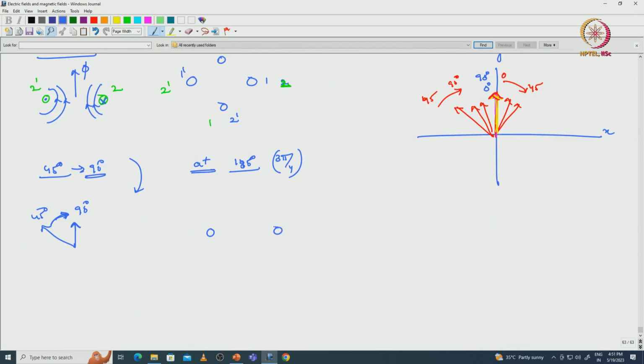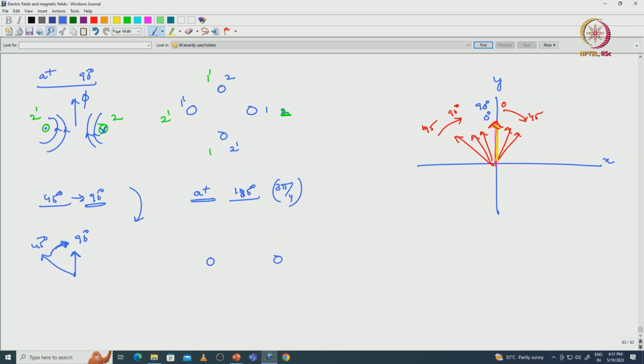Already we have discussed this many times and again I am repeating, this is the basis to realize the magnetic fields. So this blue color one here is the initial position of the rotor, right. After 135 degree rotation, this is the 0, at this particular location.